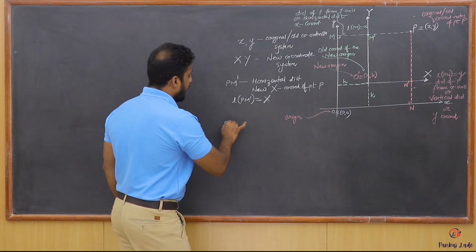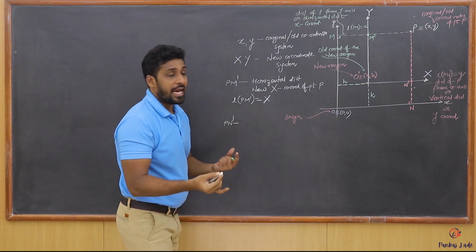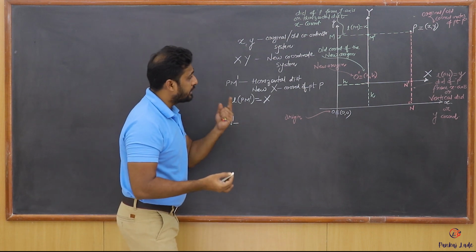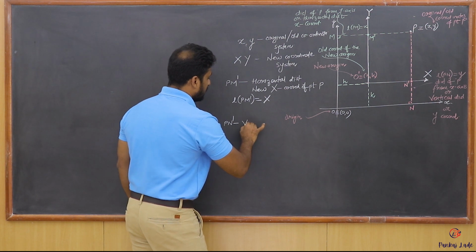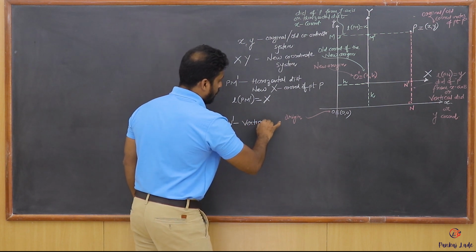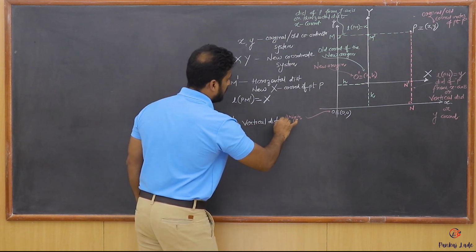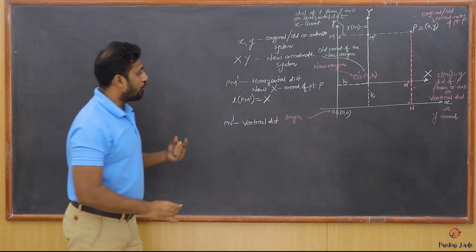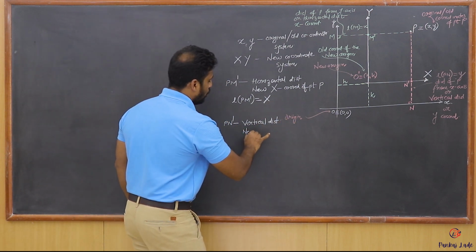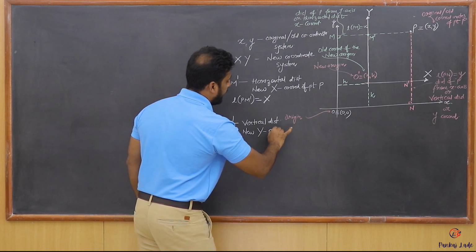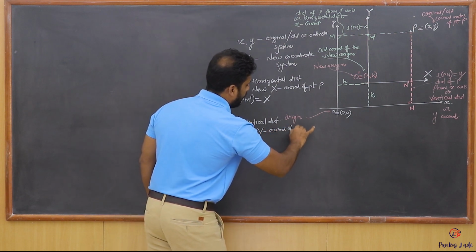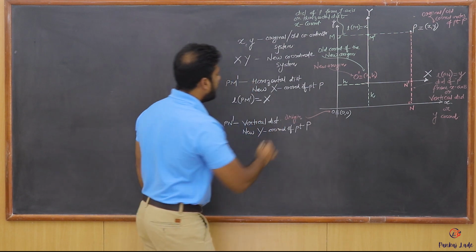Tell me what is PN dash. Students, PN dash is the vertical distance of the same point P, isn't it? So this is the vertical distance of the point P. So therefore it is going to be the new y coordinate of point P, isn't it?